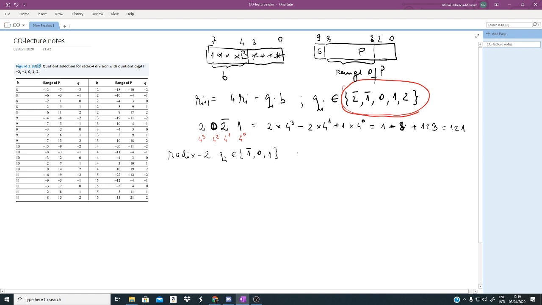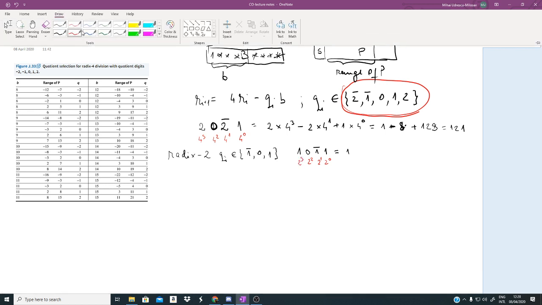And so when we have something like this, this guy is 2 to the power 0, 2 to the power 1, 2 to the power 2, 2 to the power 3, right?